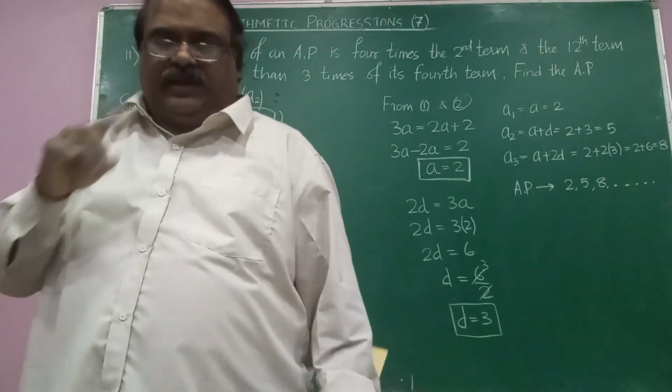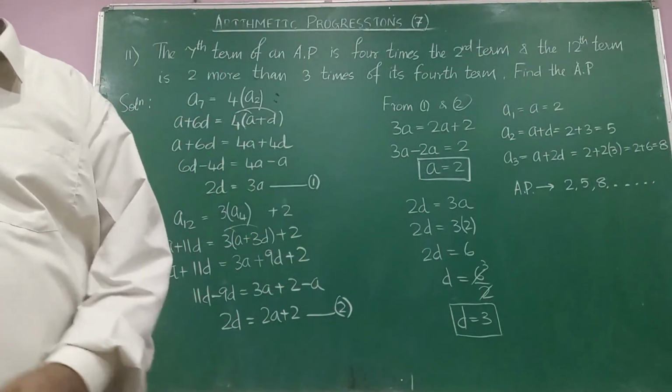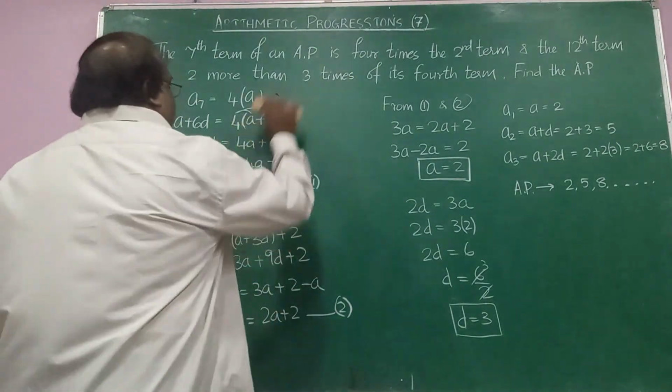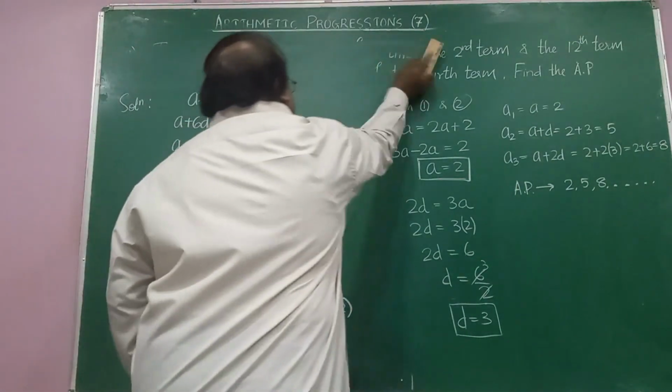Okay, let me just give you two sums for homework so that you can practice similar sums. Both these questions were asked again in the annual examination. Two sums for homework.